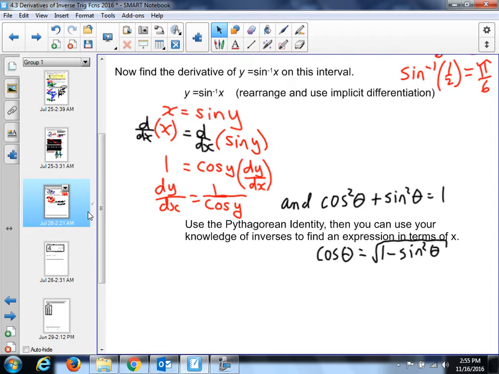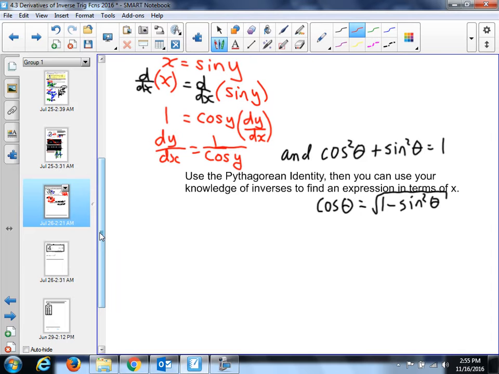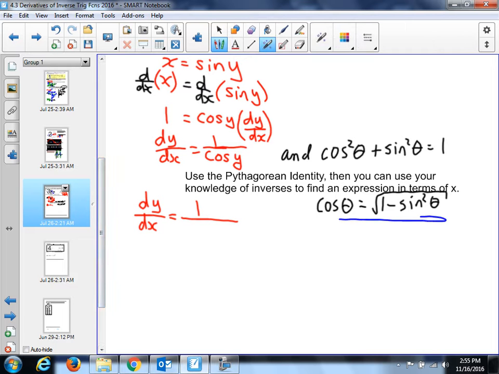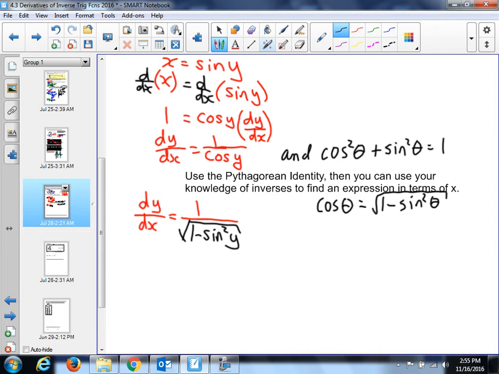So dy by dx, I'm subbing this in, is equal to 1 over, and instead of cosine of y, I'm going to use this form of the identity, so put it under as a root. And you say, this is more complicated than the previous expression, right? It is. This sucks, you think. You're going to love it, though.